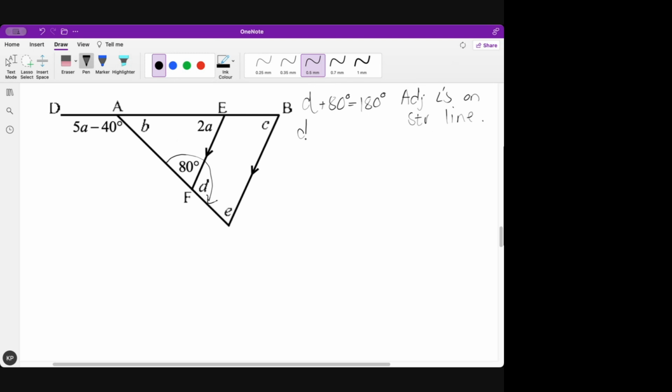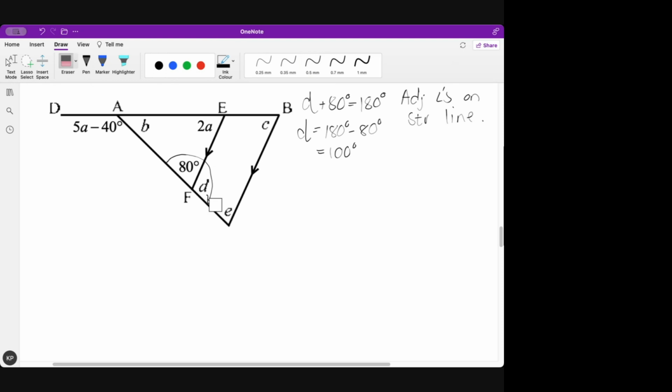So then that would make D how much, guys? 180 degrees minus 80 degrees, that is 100 degrees. Great.